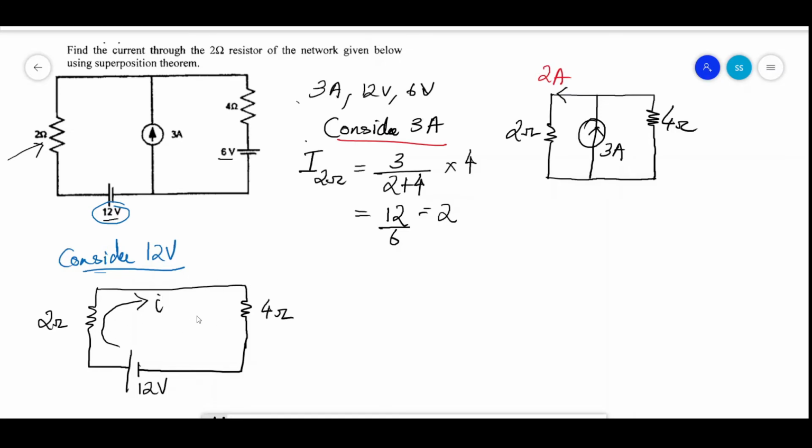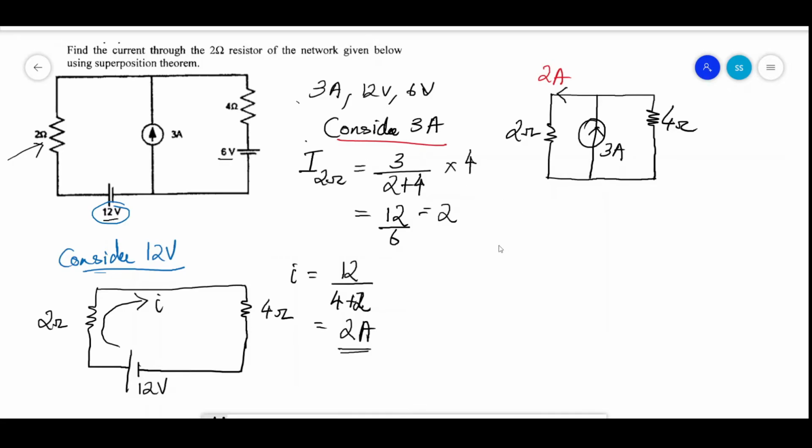So I equals 12 divided by 4 plus 2, which is 2 ampere again. So the first two cases are considered.